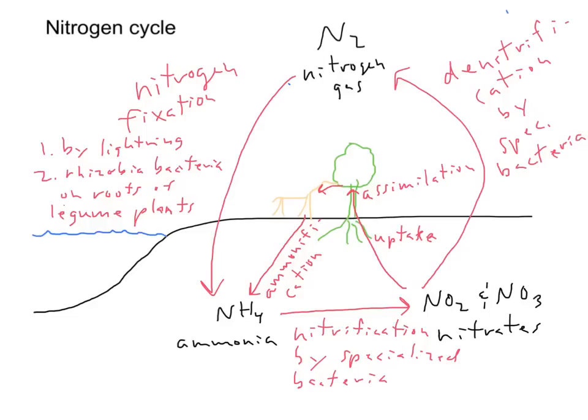Now, this is how nature does it, but we have learned how to synthesize ammonia from nitrogen gas in the atmosphere. We learned how to do that in the early 1900s, and that has allowed us to make synthetic fertilizers. If you go to a store and buy Miracle-Gro, it contains synthetic nitrates, and you put them in your soil, and your plants are very happy because they need those nitrates, they uptake it.